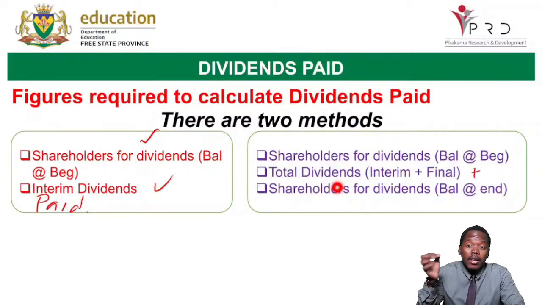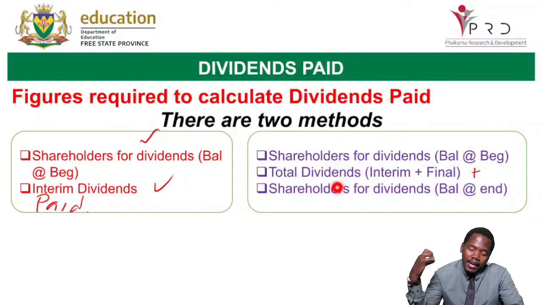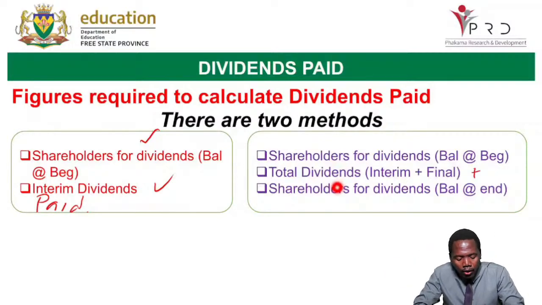The one similar to the one we get when we do note number 8, retained income. How do we get that? Interim plus the final dividends. And then we also subtract our final dividends, which is the shareholders for dividends balance at the end. So there we have our dividends paid.